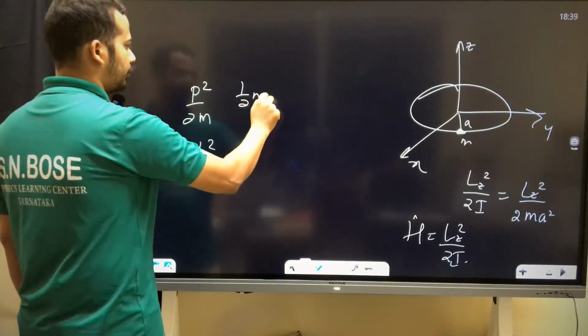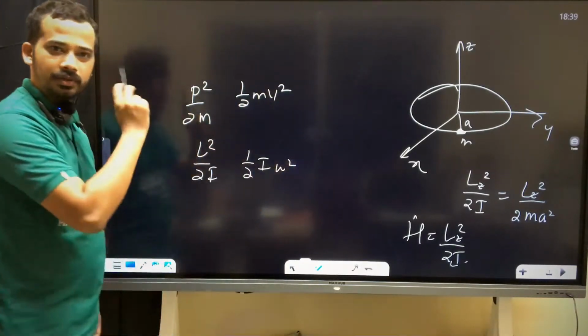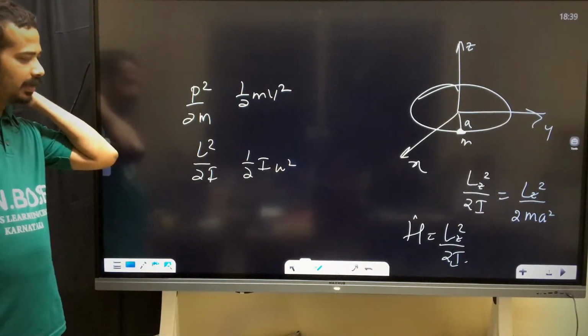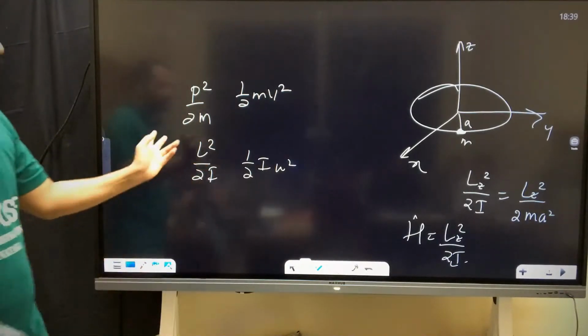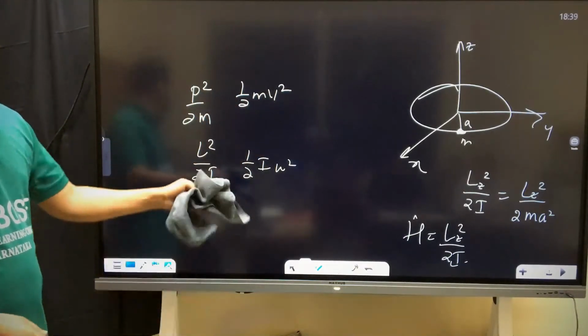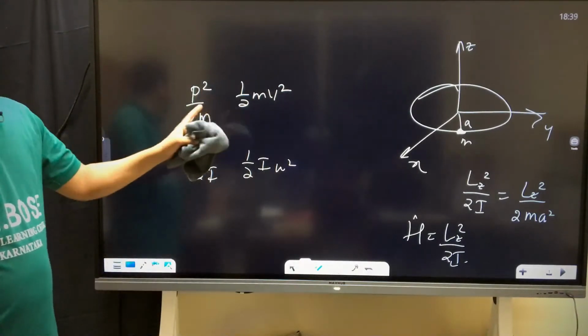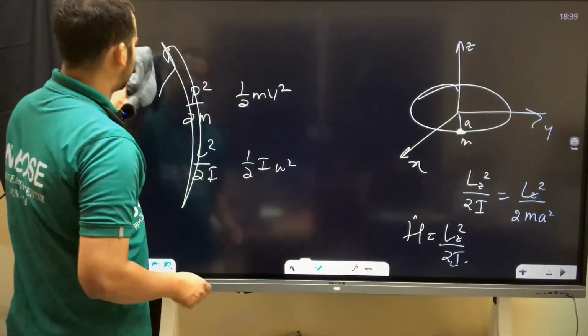So half m v square, half I omega square. That's how I remember. I think somewhere in Halliday Resnick, he compared so nicely very long time ago. Or maybe H. C. Verma, in the first few vector chapters. By comparing, you can remember. Those play similar roles actually.